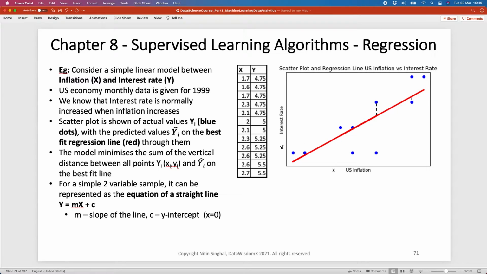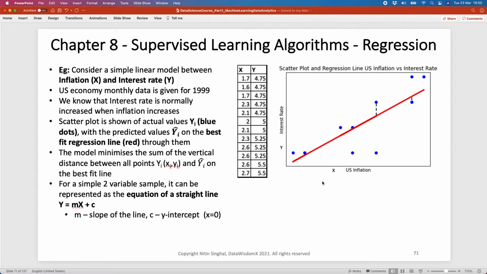So y is the actual, y hat would be the predicted, and then it finds the best fit line. This is a very standard regression technique. You would probably come across that during your regular school or undergrad maths or statistics courses.